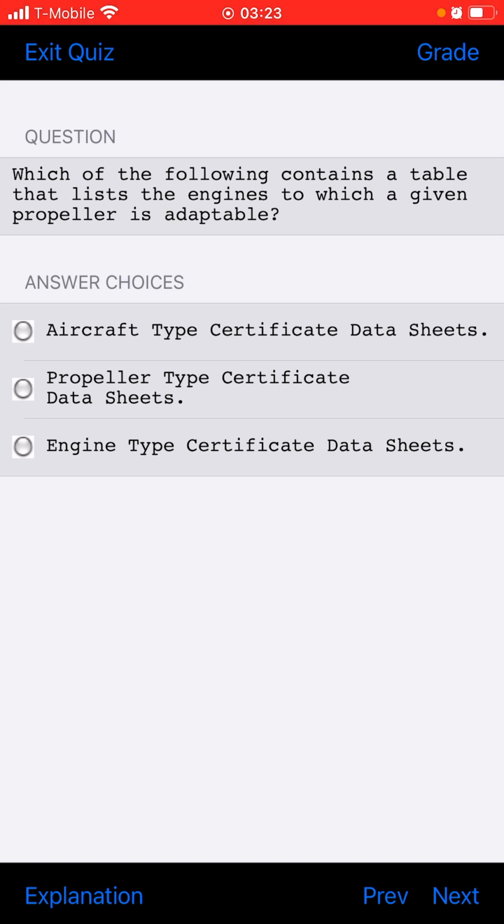Only one is true. Electrical wires larger than 10 gauge use uninsulated terminals. Statement 2 is not true. Electrical wires smaller than 10 gauge normally use pre-insulated terminals.